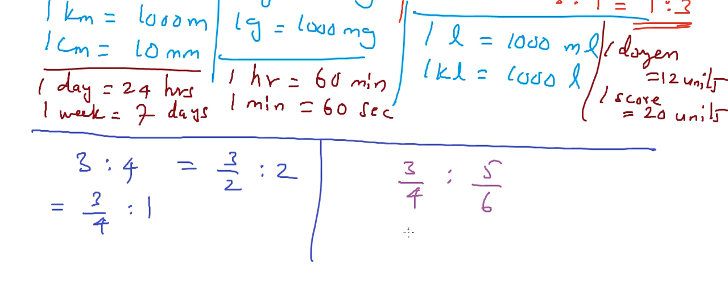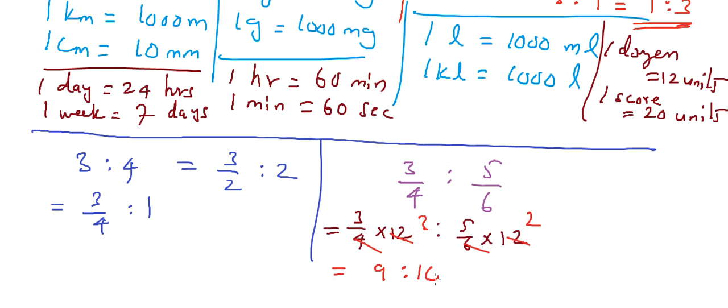So what's the LCM of 4 and 6? It's 12. So multiply each term by 12. So this ratio is equal to 3/4 times 12 is to 5/6 times 12. Now 3 times 3 is 9, and 2 times 5 is 10. So therefore 3/4 is to 5/6 is equal to 9 is to 10.